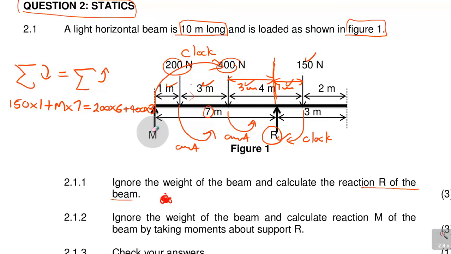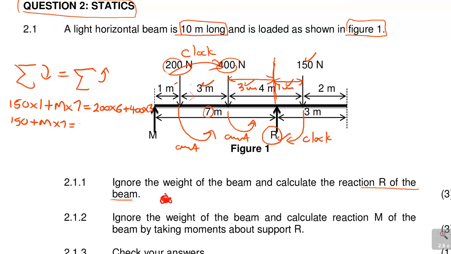So let me just have that. So it's 400 times 3. So these are the way you're going to do your calculations. So what you have is 150 plus m times 7.